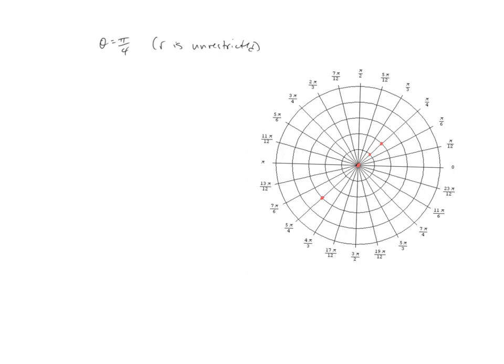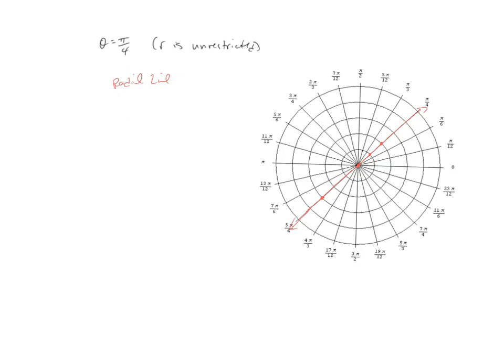So you can see, no matter what r is, if we move along the pi over 4 direction, we're ending up with points along a line. And so this is called a radial line. And in this case, it happens to go through pi over 4. So anytime you have theta equals a number, it's always going to be a radial line.